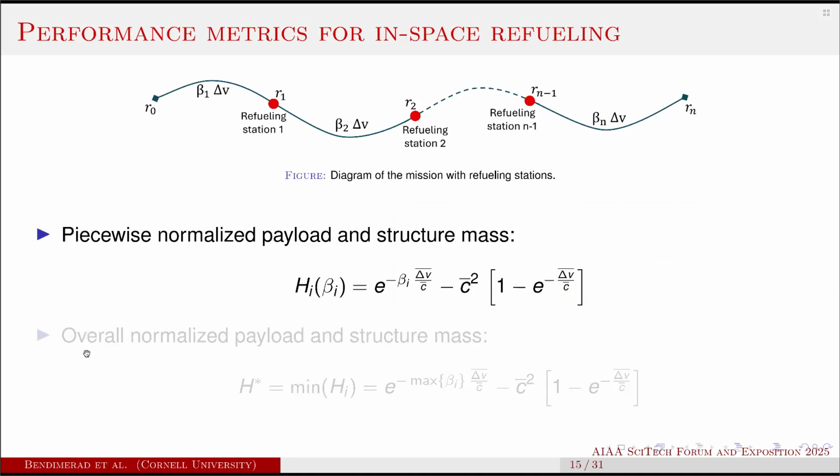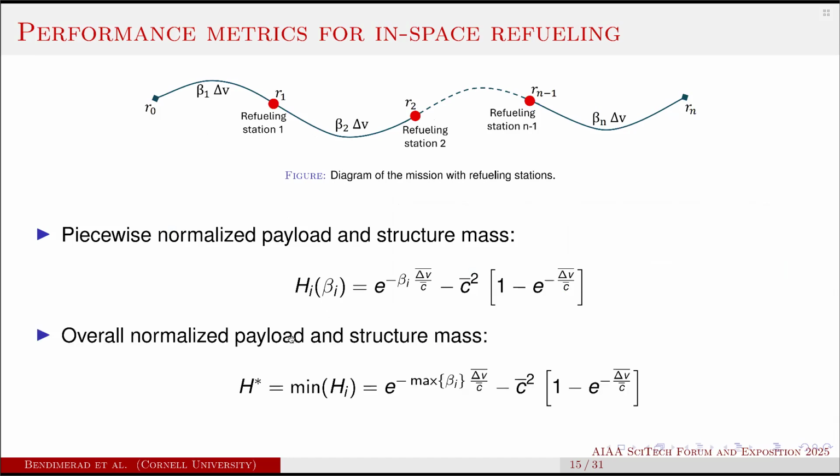Next, we can derive an expression for the normalized payload and structure mass, and we have a value for each segment. So this is a function of beta I, which is the coefficient of the fraction at each segment. So the payload mass is different between the different segments. However, the actual payload mass of all the mission has to be equal to the minimum one of all the HIs.